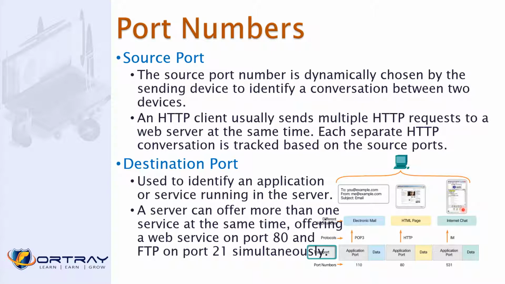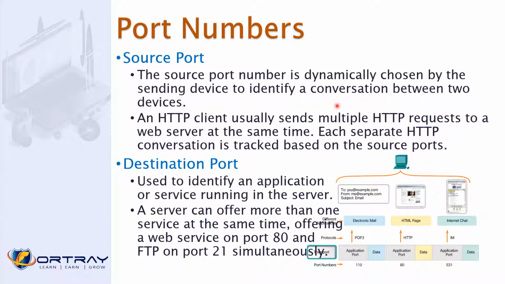With the port number, your source and destination can keep the different applications uniquely open, and they can communicate with each other, and they will never overlap with the other applications. The source port is dynamically chosen by the sending device, so it is randomly generated. The source port is not fixed.